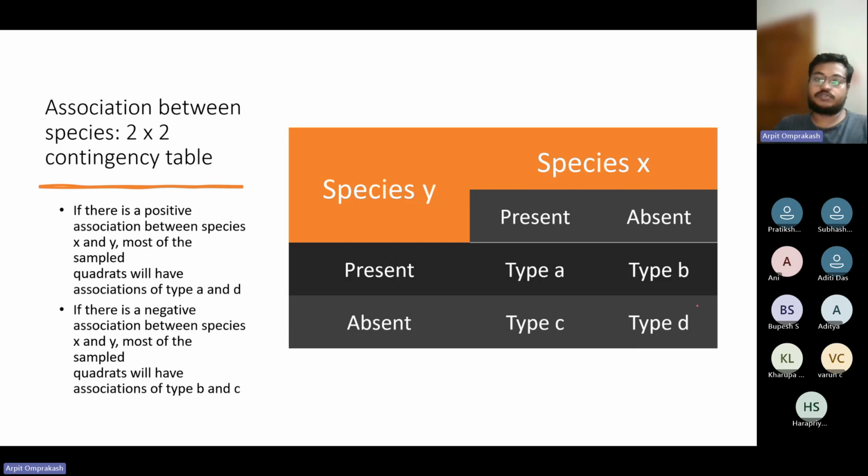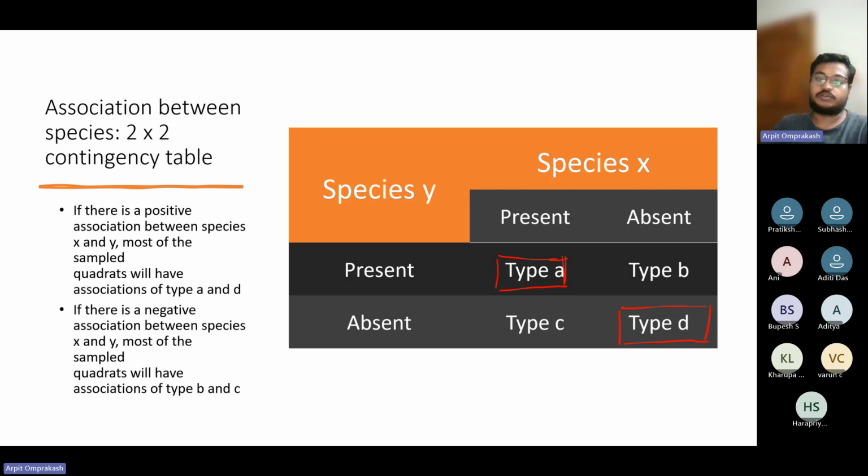So if two species are associating, or basically living together or drawing some benefits from each other, what that means is if you see one of them, you're very likely to see the other one, right? So if two species are associating, they are more likely to have type A associations, but they are also more likely to have type D associations.